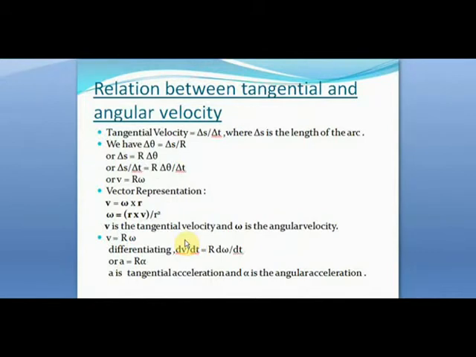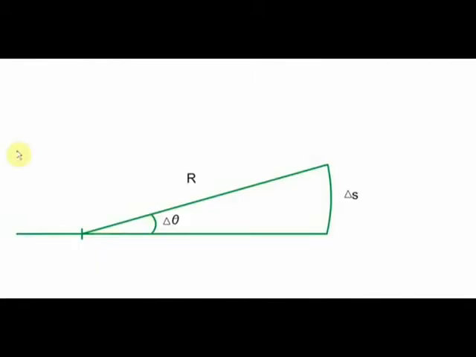Now we'll see the relationship between tangential and angular velocity. Tangential velocity is defined as delta S by delta t, where delta S is the length of the arc and delta t is the time interval. So suppose an object is traveling in a circular path and it travels a distance of delta S in time delta t. So we can define tangential velocity, that is v, as delta S by delta t.